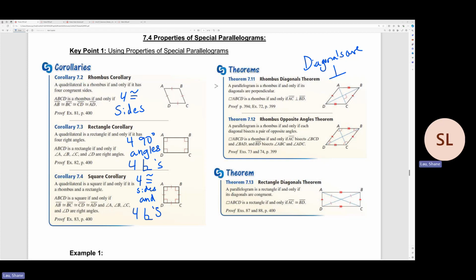But then our rhombus opposite angles theorem, that gets a little bit tricky, but the way I describe it is that diagonals will bisect angles.